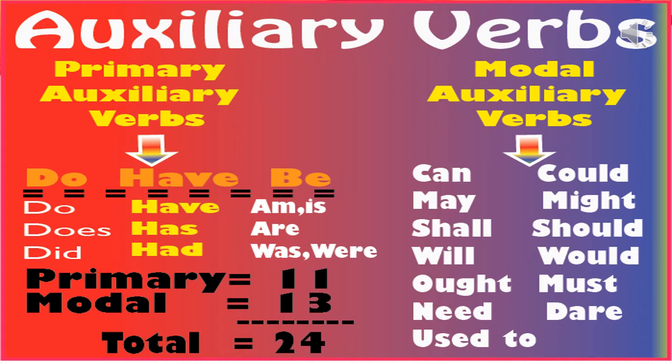The 11 primary auxiliary verbs are do, does, did, has, have, had, is, am, are, was, were. Then come the modal auxiliary verbs: can, could, may, might, shall, should, will, would, ought to, must, need, dare, and used to. So altogether we have 24 auxiliary verbs in English.